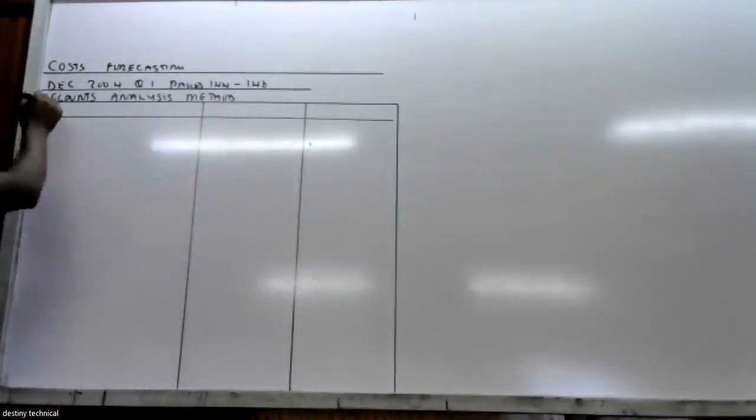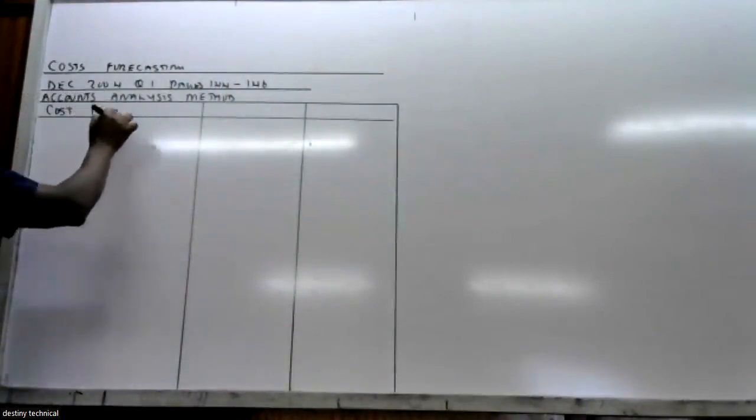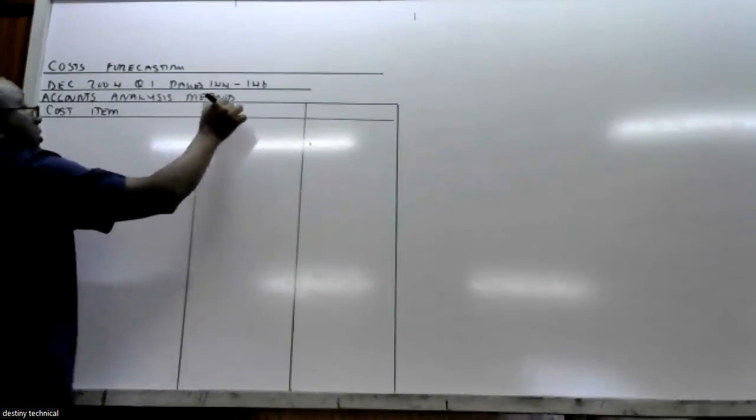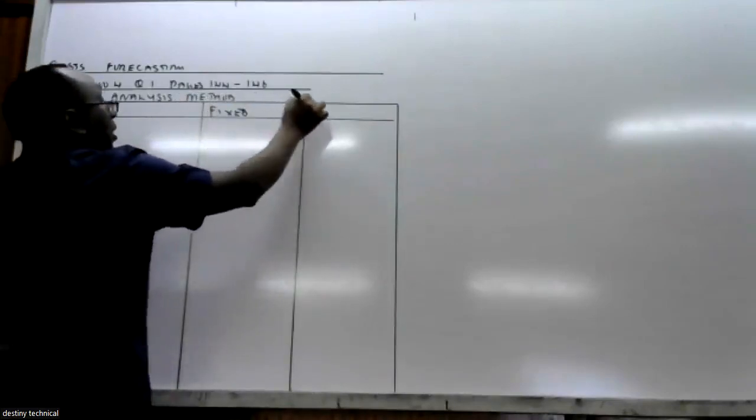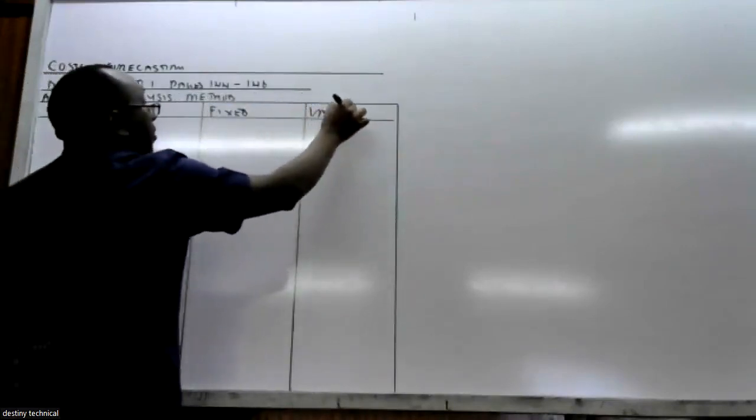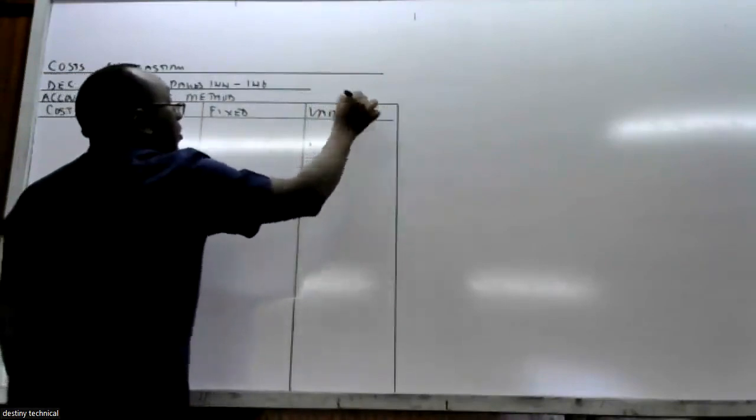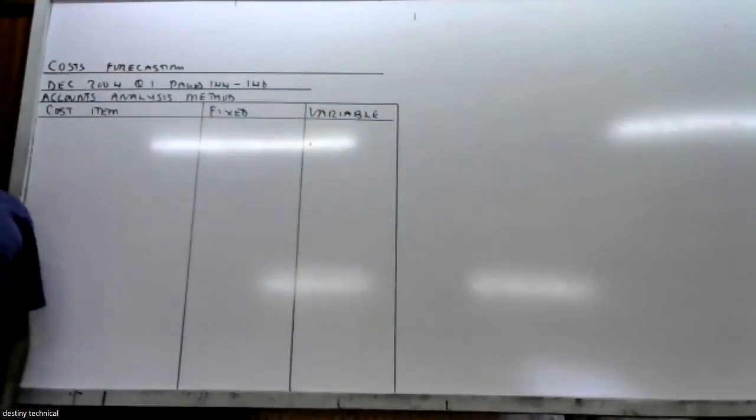So we have the cost item here. We have the fixed, and we have variable. The fixed and the variable.